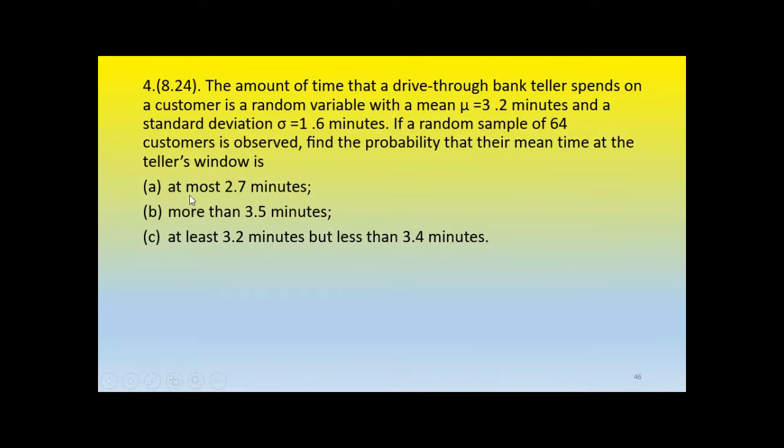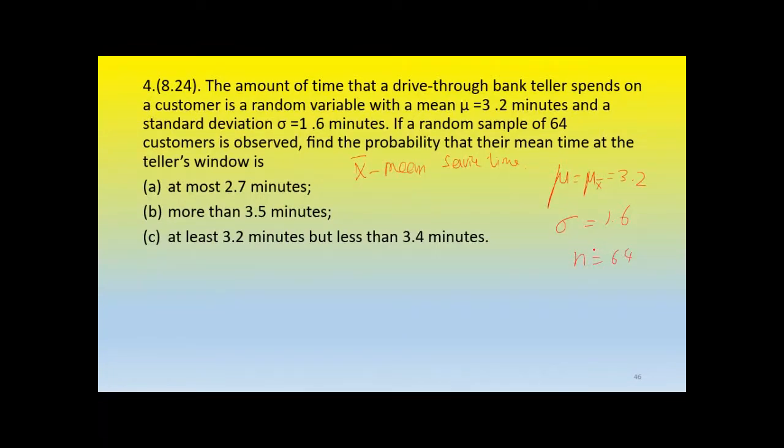Yes. So there are three cases. Obviously, what is x bar here? X bar is the mean service time. And what is mu? Mu or mu x bar, both are the same, so 3.2. Sigma is 1.6, n is 64.